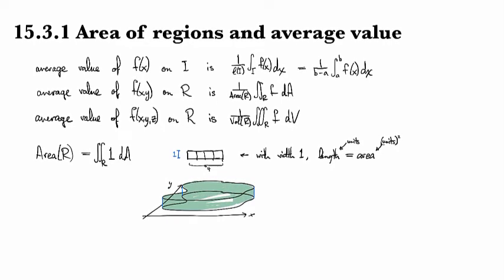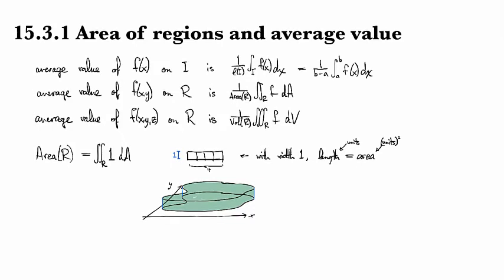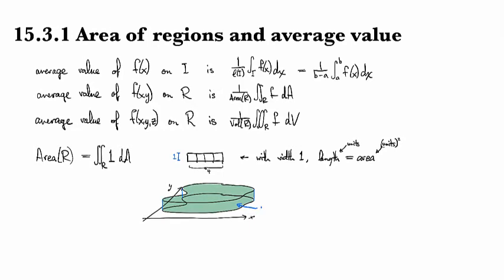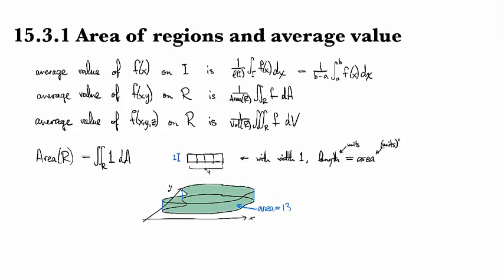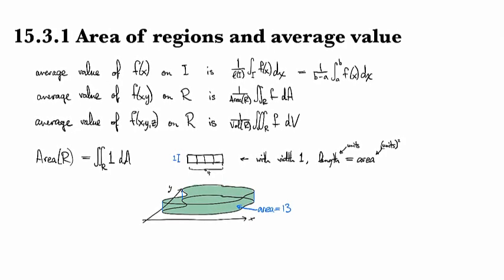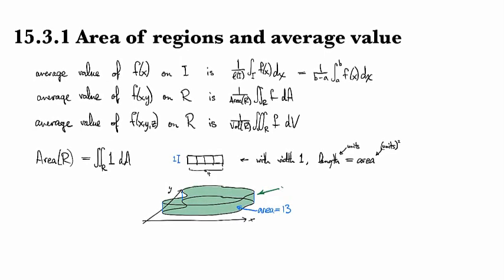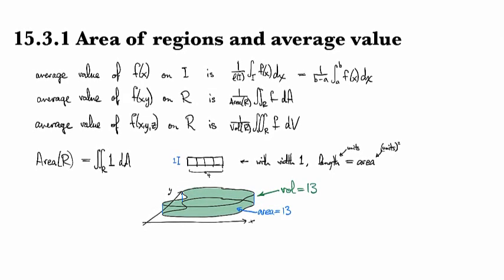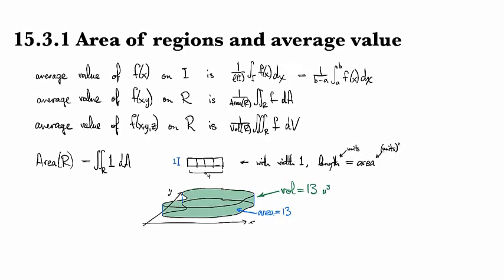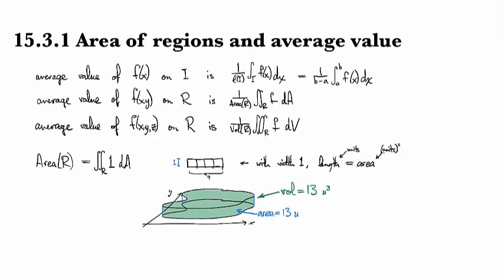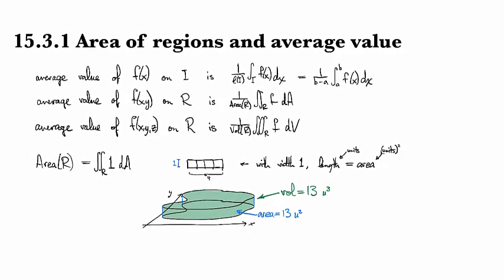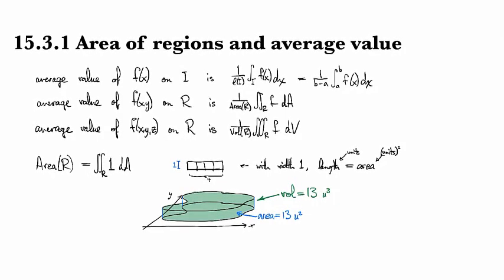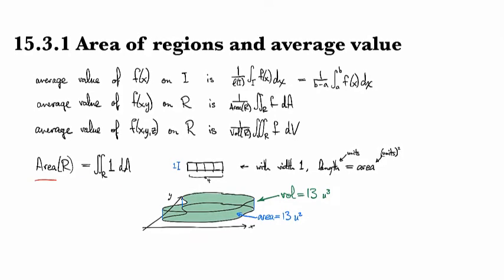So if the area of my weird blob shape right here is, let's see, equal to 13, say, then the volume of the solid is also going to be 13. This time it's just going to be cubic units instead of square units, right?